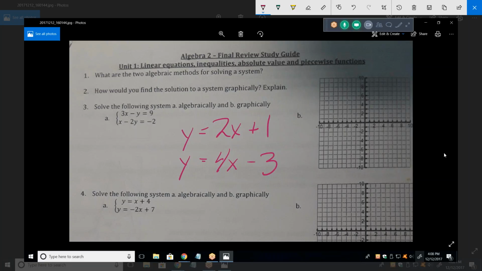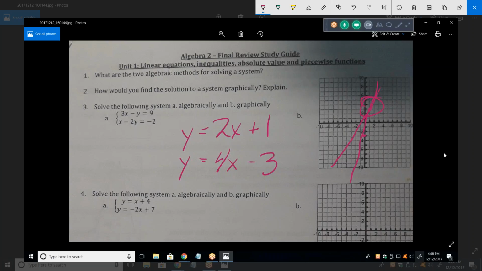If I can graph both of those, wherever they cross is the solution. Okay? Well, if I graph the first one, it's a line like that. If I graph the second one, it's a line like that. Well, that point is your x and y solution.